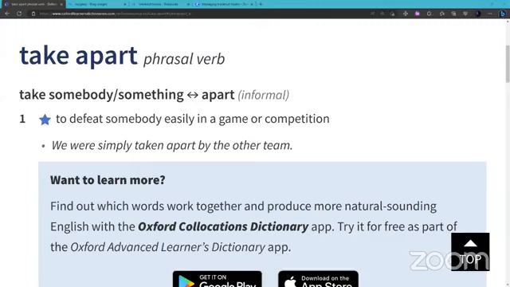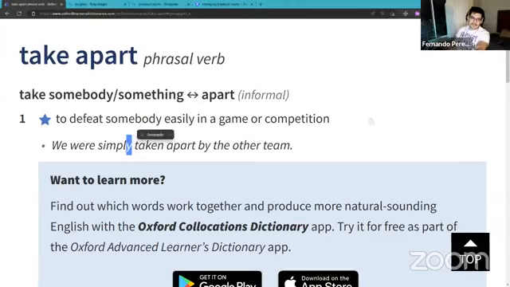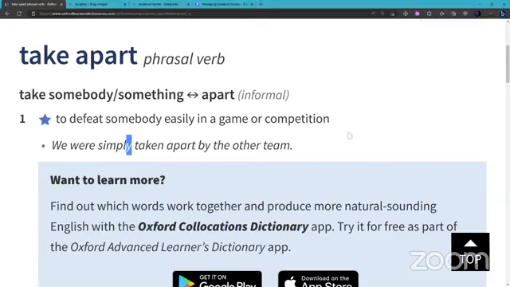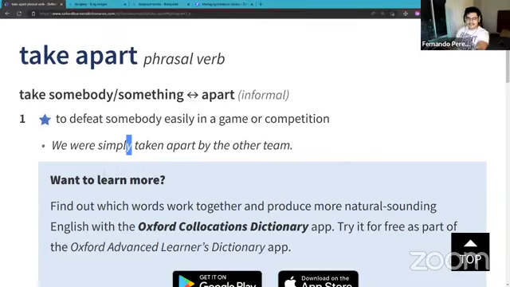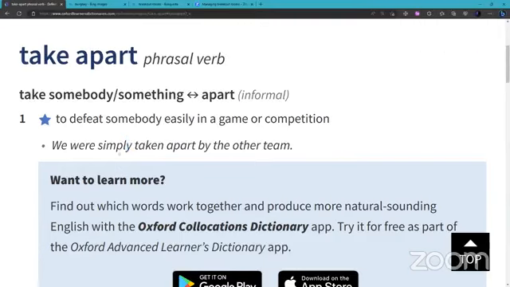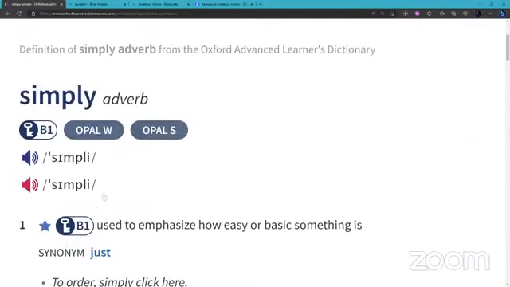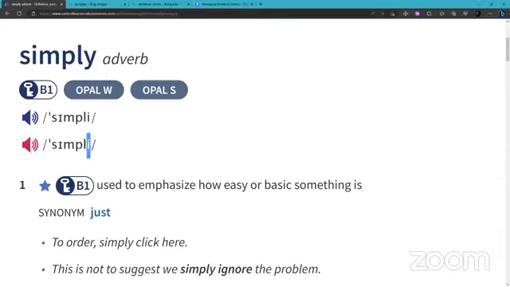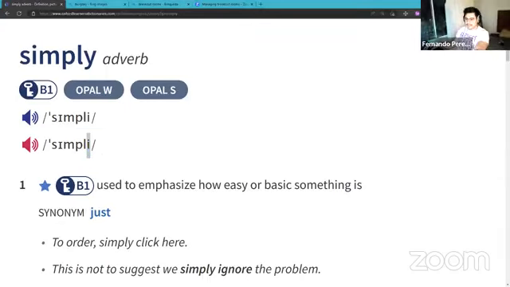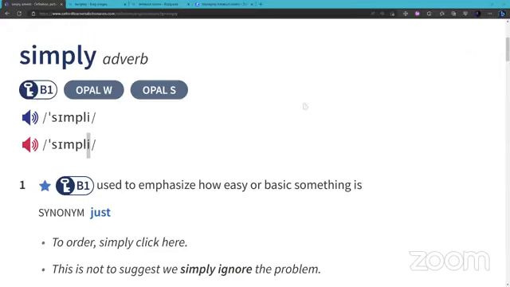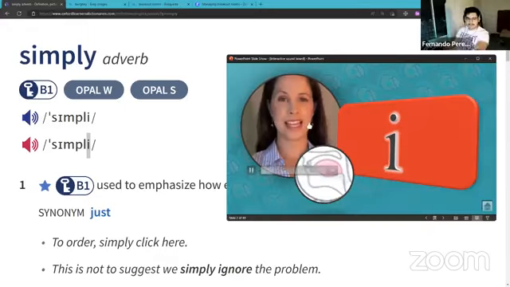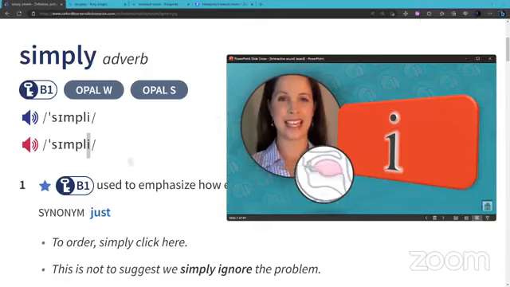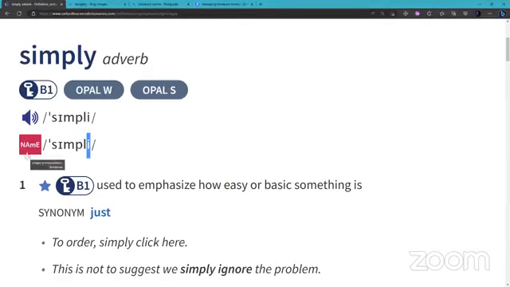Don't omit the Y. Oh, simply. Okay, simply.